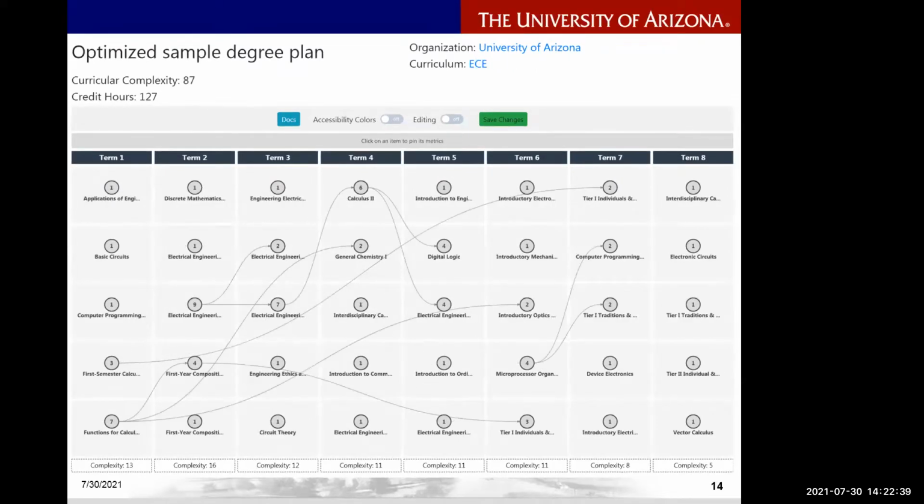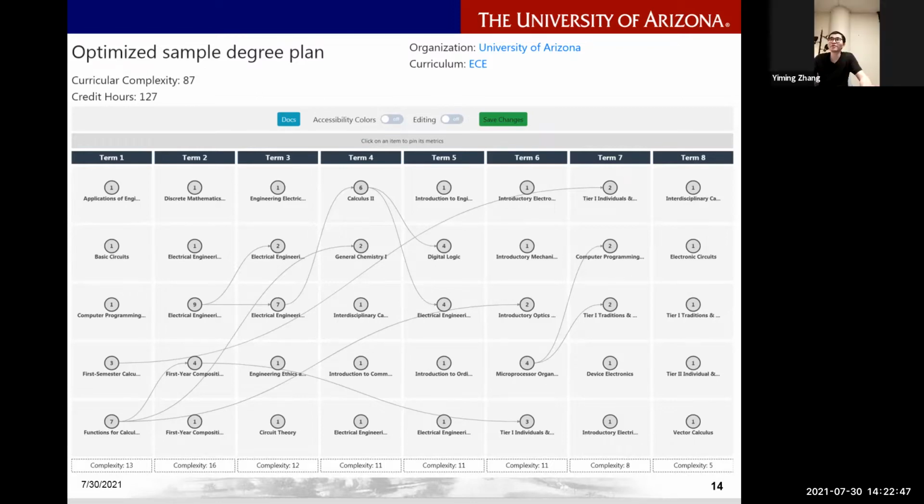So here, it's only a prerequisite to something in term 7. Why is that? Yeah, that's what I described previously. Since I did not limit the range of the learning outcome movement, it could totally be possible that we group some learning outcomes which have not much relation into one course.